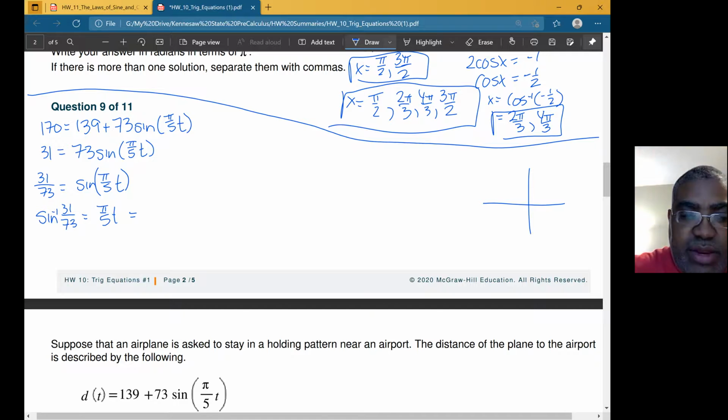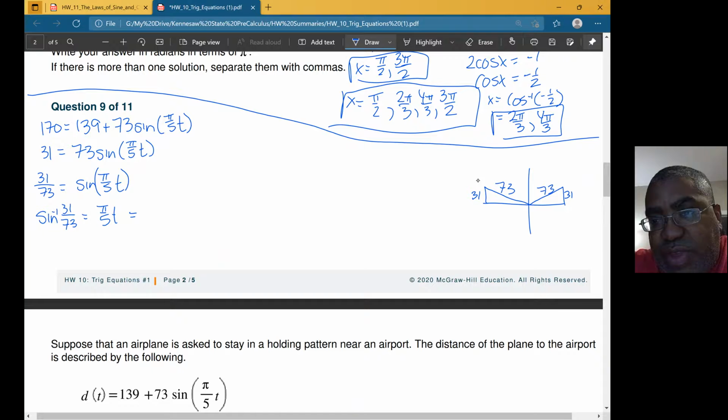There's 31 over 73, but it's also here too. So I'm going to have two answers. Whatever this angle theta is here, I also have to do pi minus theta for this angle there.